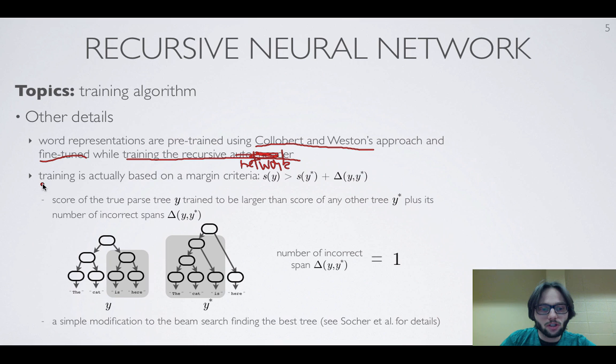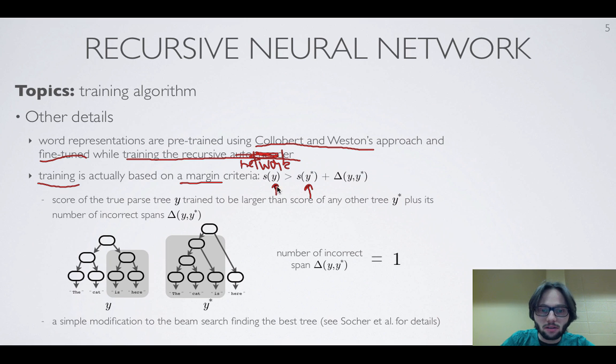The other thing, which I don't want to describe in more detail because it goes a bit beyond what we've seen so far, is that the training criteria they actually use for training the recursive network to give the correct parse tree is a margin-based criteria. Essentially, they don't want the correct parse tree to have only a strictly greater score than any other parse tree y star.